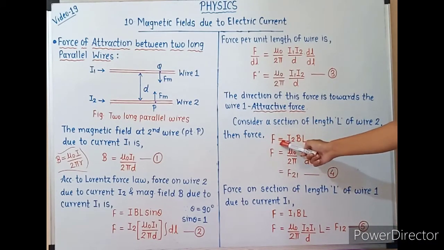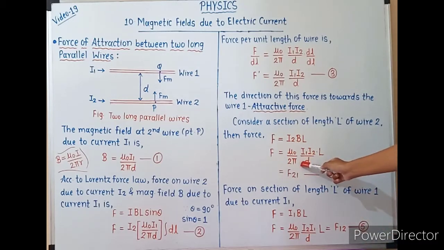Then force F is equal to I2BL, where I2 is the current flowing through wire 2, and the magnetic field B due to current I1 is mu 0 I1 upon 2 pi D. So we get F is equal to mu 0 upon 2 pi I1 I2 upon D into L. This is the force on wire 2 due to current I1 in wire 1, that is F21.